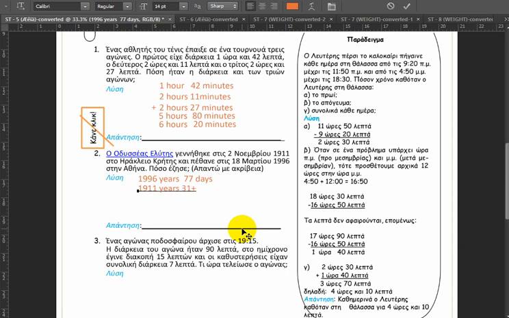So we have 31 days from January and 28 days from February and 31 days from March and 30 days from April and 31 days from May and 30 days from June and 31 days from July and 31 days from August and 30 days from September and 31 days from October and 2 days from November. So let's add all of this up.